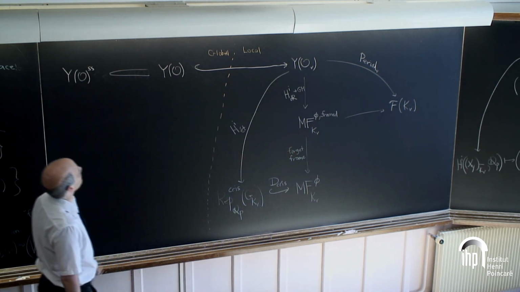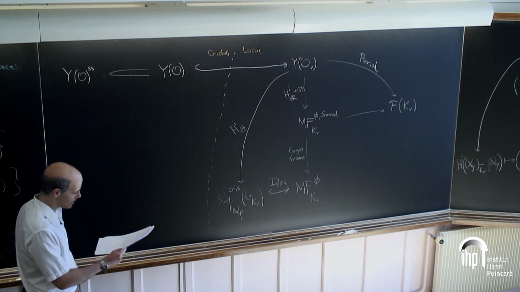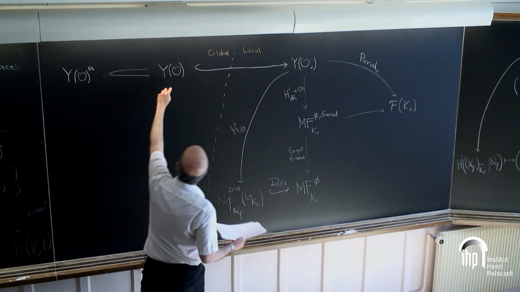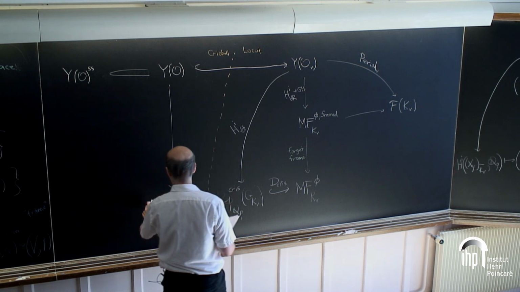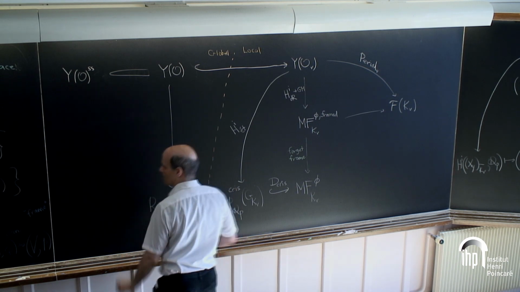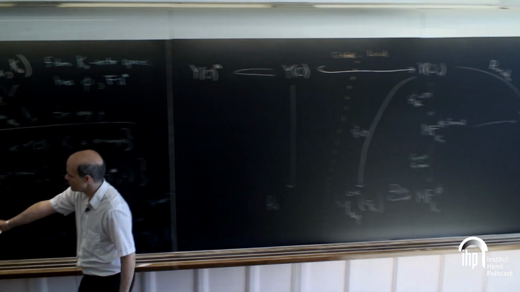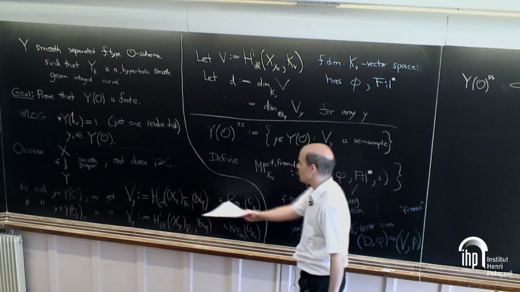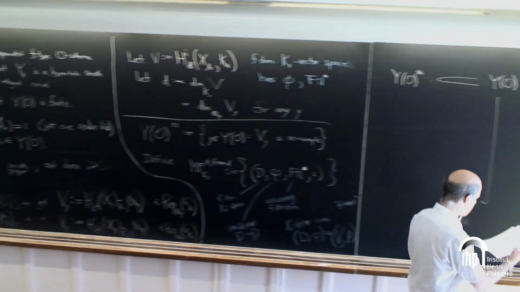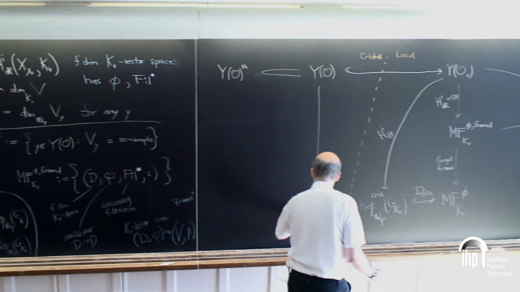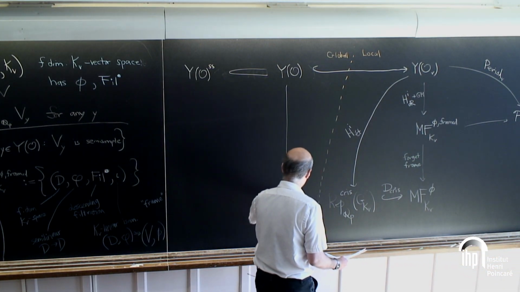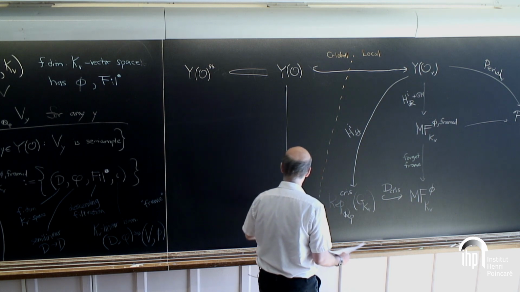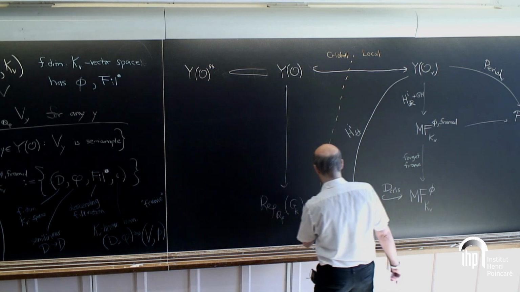Now let me complete the diagram by putting some things on the global side. Here I can also take étale cohomology. I'm doing this first line, taking the étale cohomology as a representation of the global Galois group, so that will be a Q_p representation of G_K.